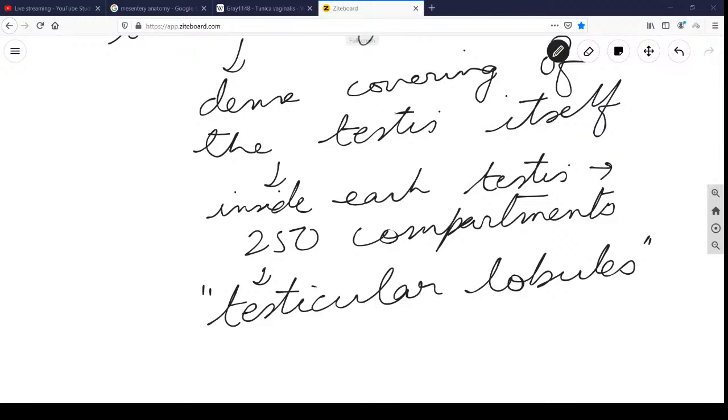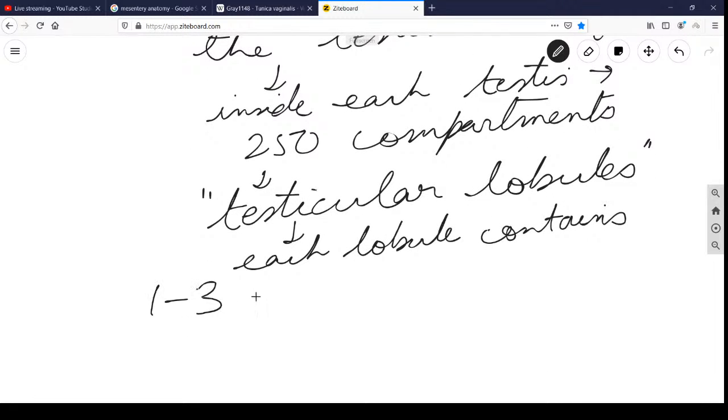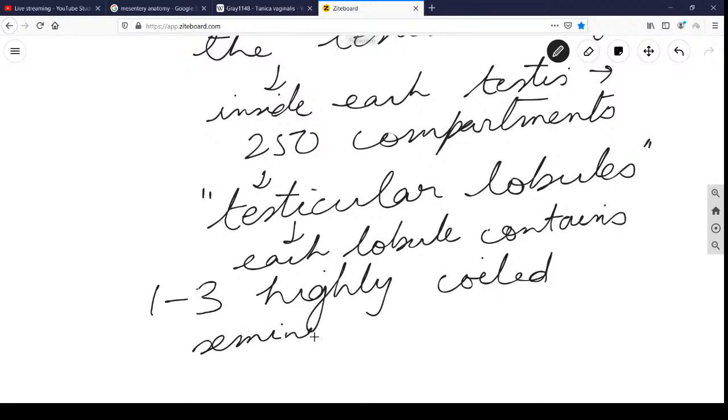Now, each lobule contains 1 to 3 highly coiled seminiferous tubules, okay?